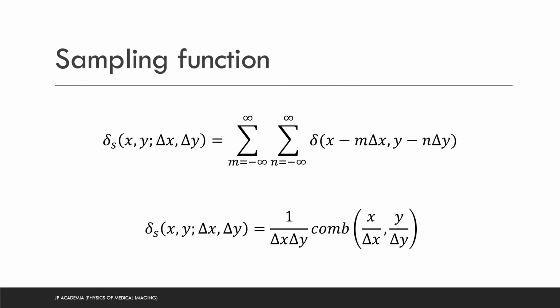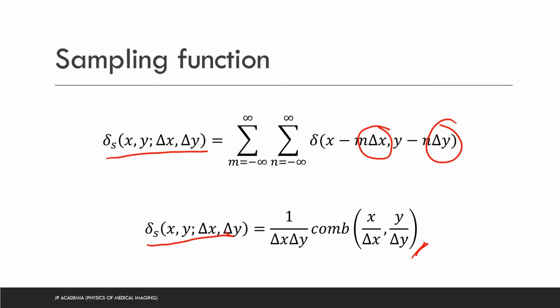Defining regular space intervals along the x and along the y, as shown here, allows us to define our sampling function as shown. This is useful in signal sampling, let's say for imaging. Also, we have the relationship between your sampling function and your comb function as shown in this last equation, and this is due to the scaling property defined for point impulse.